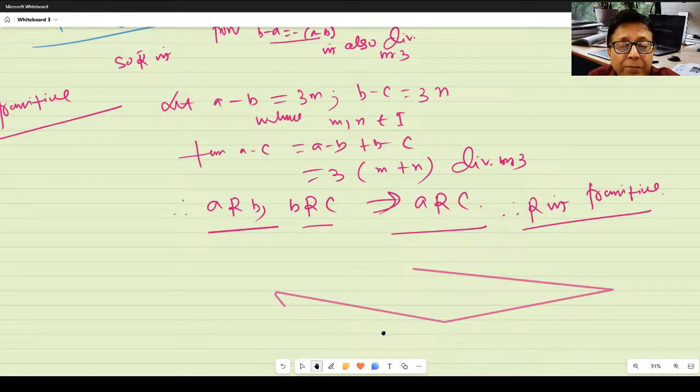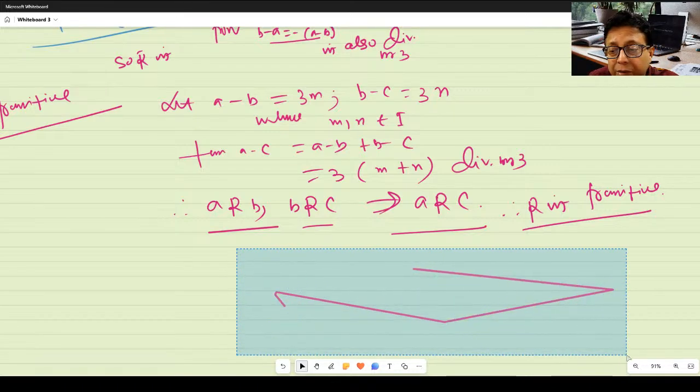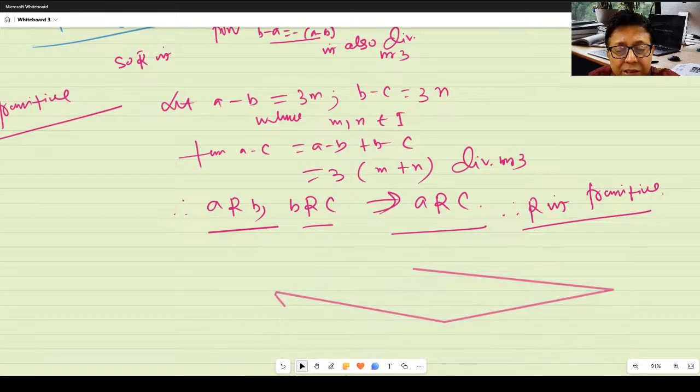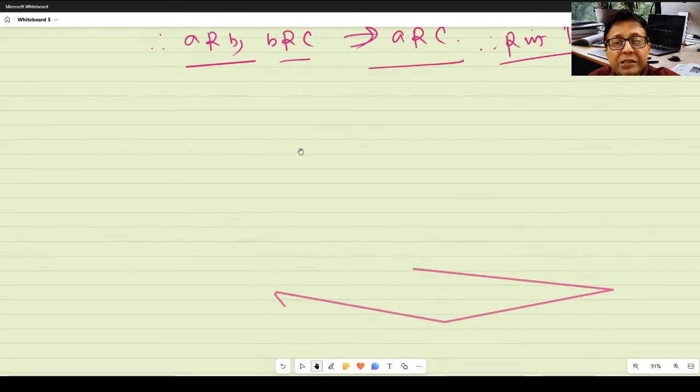Now, in a problem, if you find all three relations are going to be valid, then that relation is said to be an equivalence relation. So let me define.